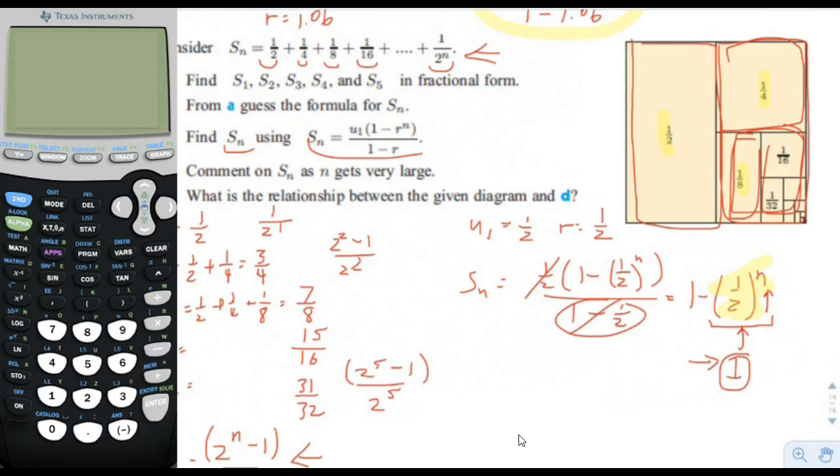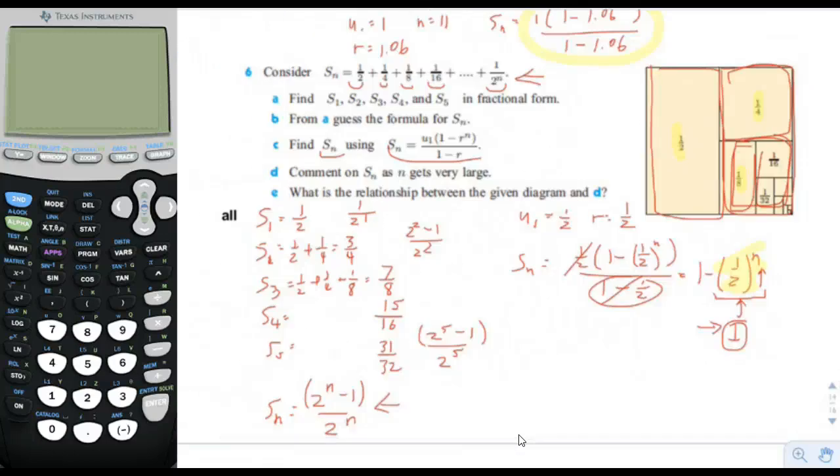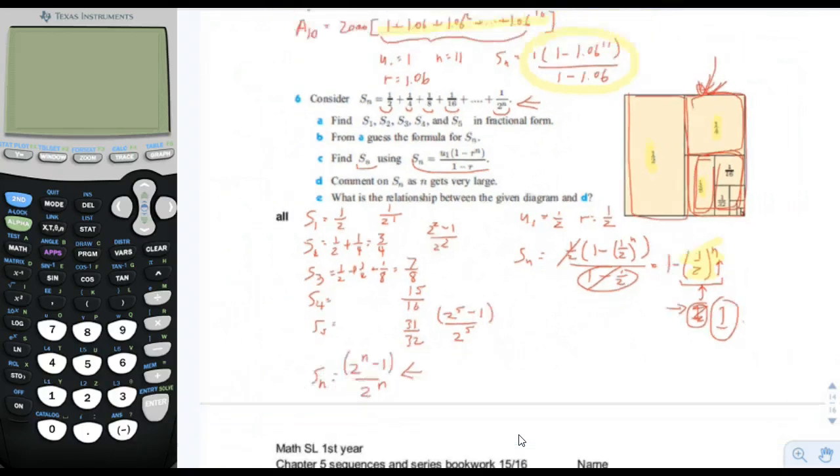So you can see that if you just keep cutting each half into a half here, you're never going to get bigger than the square, right? You're going to approach the square. Pretty soon you're going to be snipping a very small rectangle, but the sum total of all the fractions is not going to be bigger than the square. And so that is the relationship between the diagram and D, because you can see D never exceeds 1. This square is never going to be exceeded either. Okay?